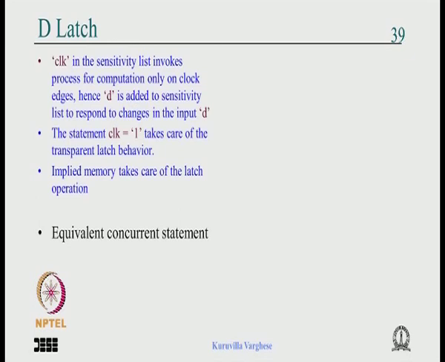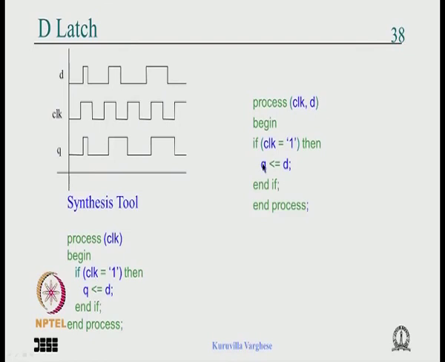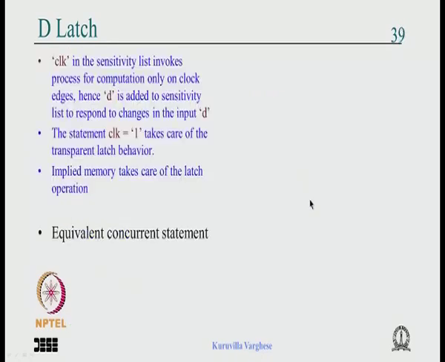So here the question is, can we have a concurrent statement equivalent to this? Again the crux of the coding is: if clock is 1, Q gets D, end if. So you can say Q gets D when clock is 1 and terminate it; you do not say end if. That gives an implied latch and it works perfectly. So the equivalent concurrent statement is Q gets D when clock is 1.